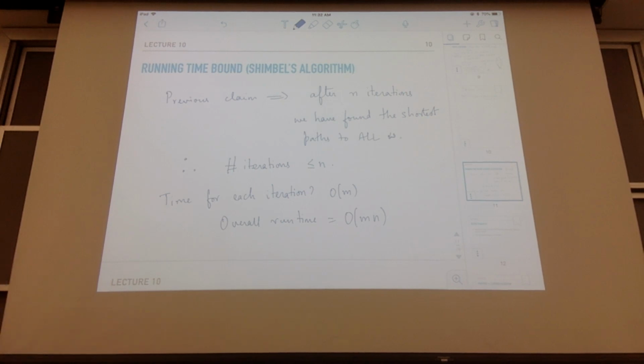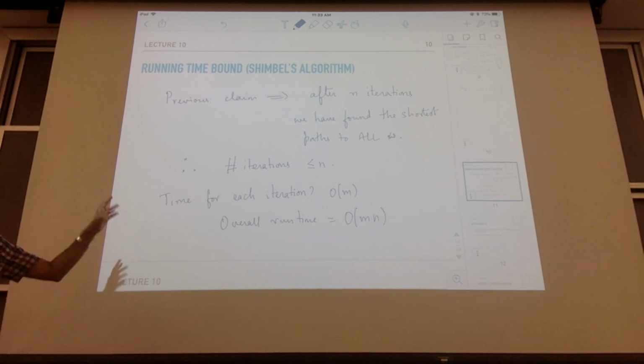The number of iterations n, is that going to be the number of vertices that were discovered in the BFS? Oh, I see. Yes, so if you don't reach everyone in the graph, then yeah, you can reduce the number of vertices.